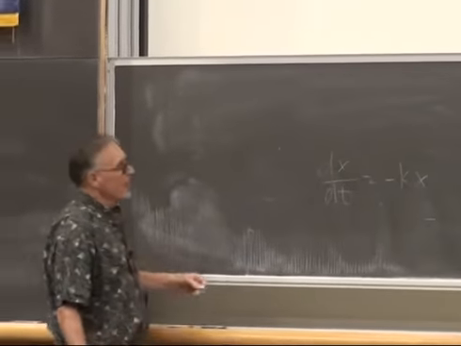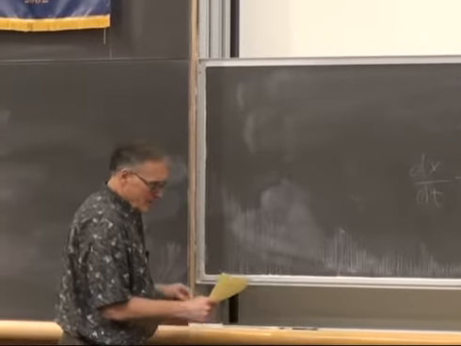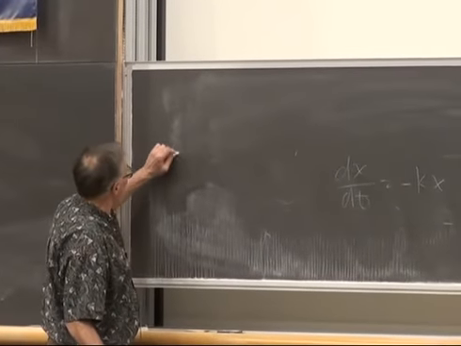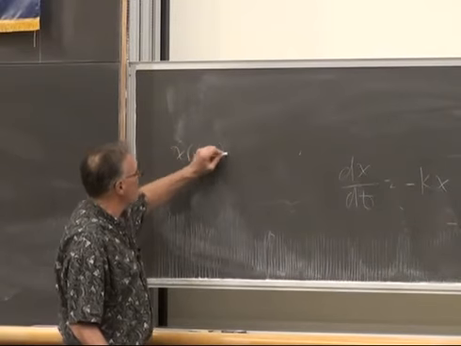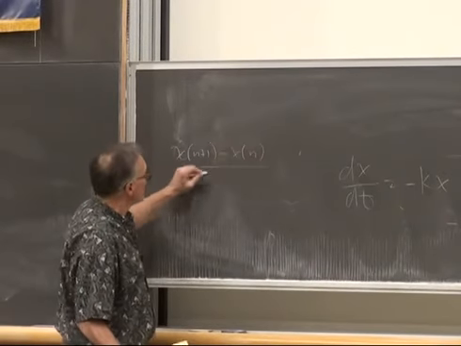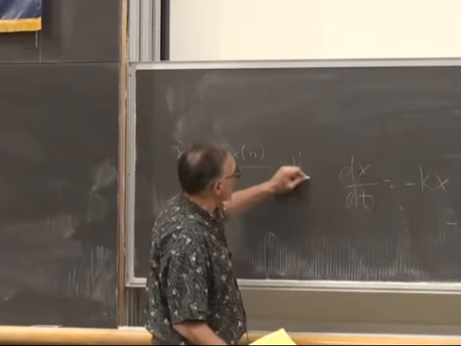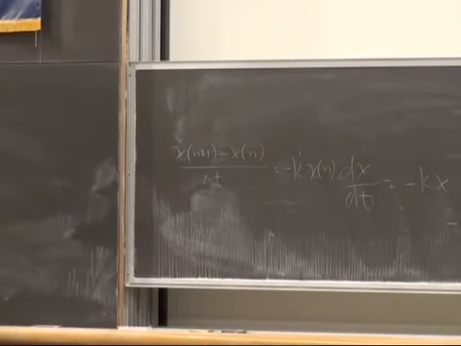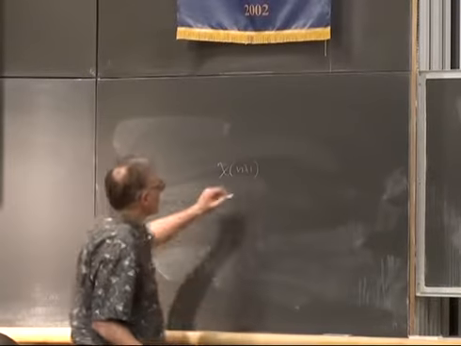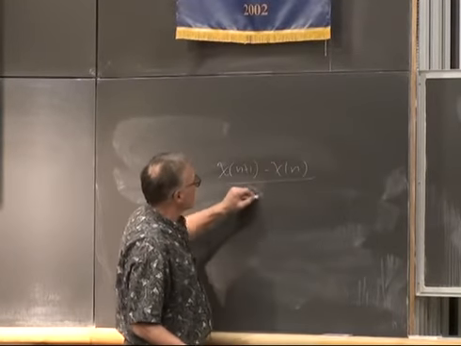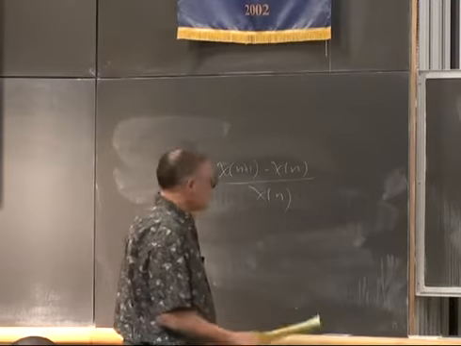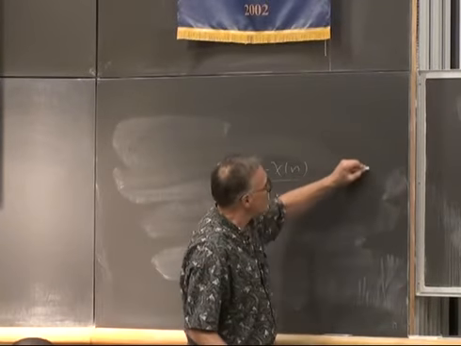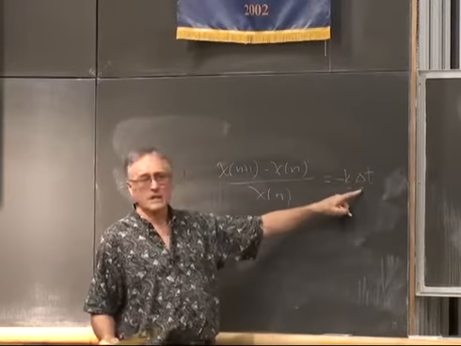So the handy old Euler approximation says that x at time n plus 1 minus x at time n, over delta t, is equal to minus k x at time n. And we can rearrange that a little bit to x(n+1) minus x(n), over x(n), is equal to minus k delta t. Now, this is a constant.